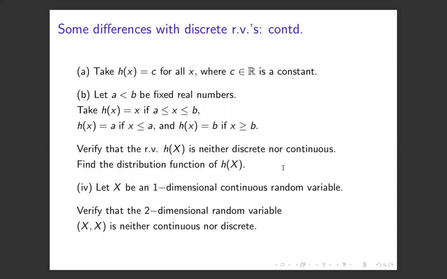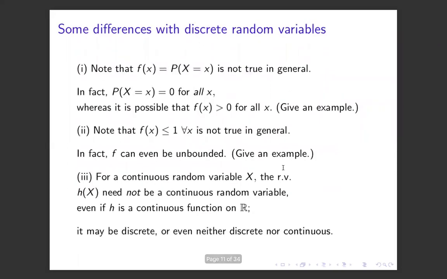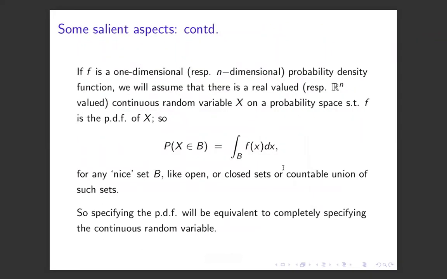Again, to see this, it is not discrete, which is easily seen. To see that it need not be continuous, go back here again. In case this X is a two-dimensional random variable, and B is a rectangle, let us say, the probability of X taking value in the rectangle is going to be the integral of that PDF over the rectangle. So this behaves like an area.